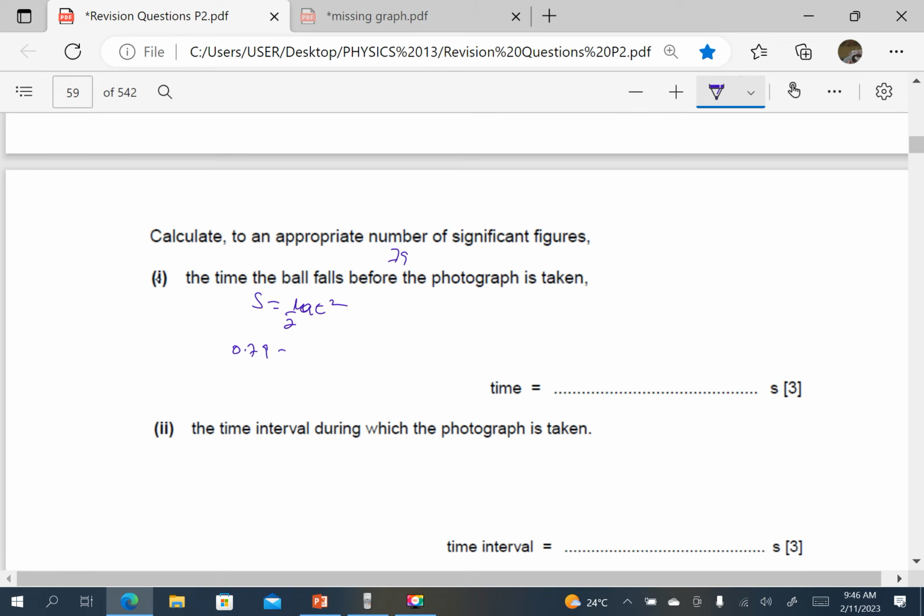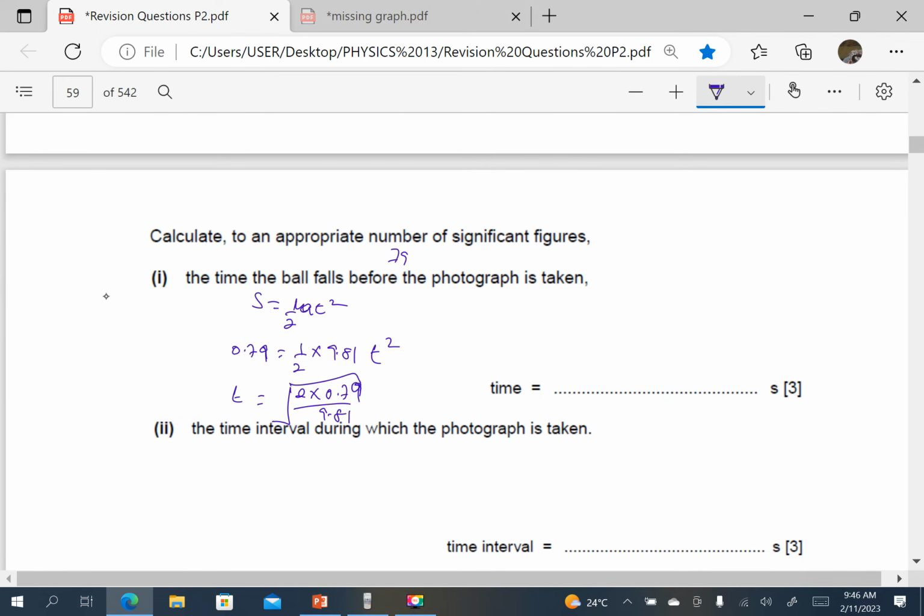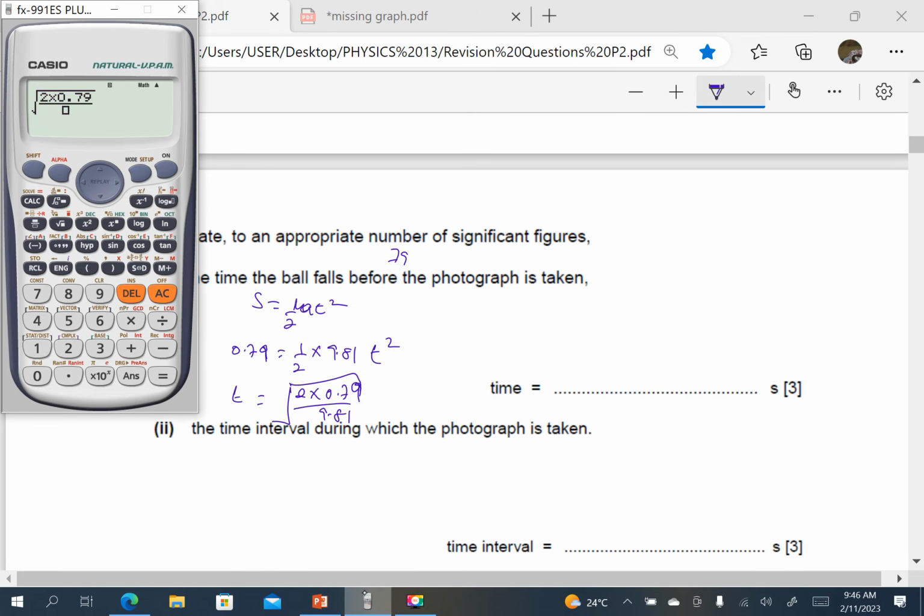So 0.79 is equal to a half times the acceleration, which is 9.81, then times t squared. So t is going to be the square root of 2 times 0.79 divided by 9.81.